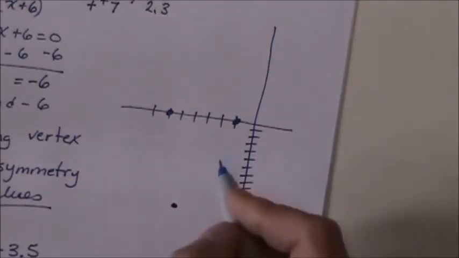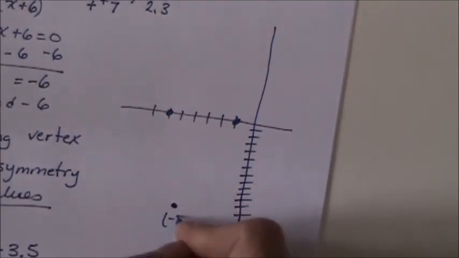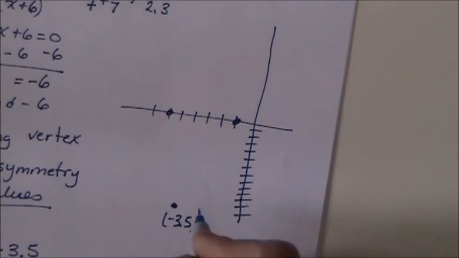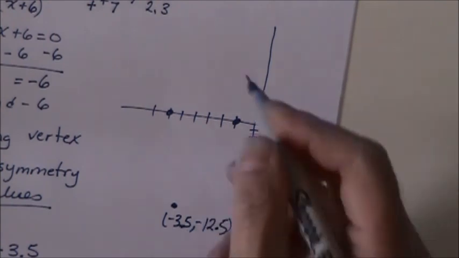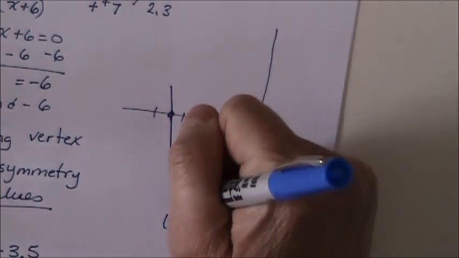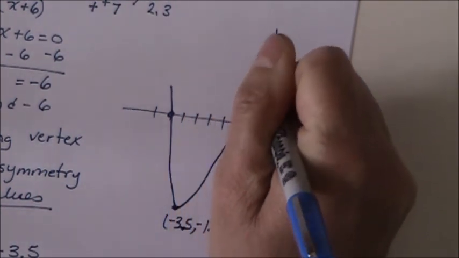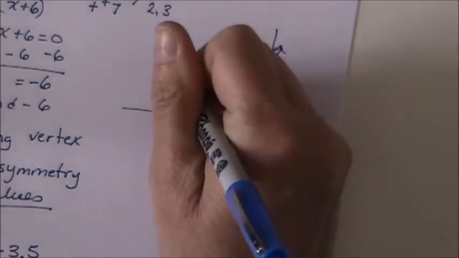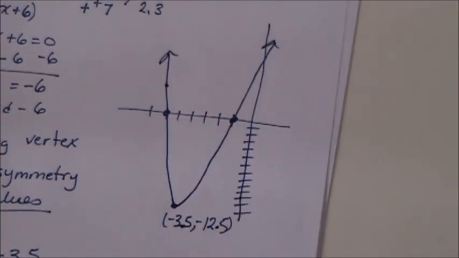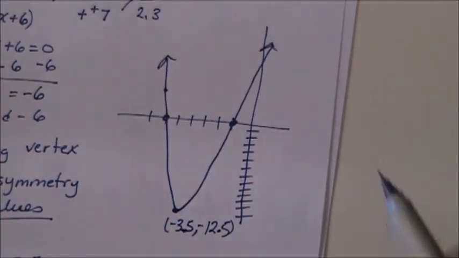So there's our vertex at negative 3.5, negative 12.5. And so our graph comes down and up. So there's our graph, and it asks us for our domain and range.